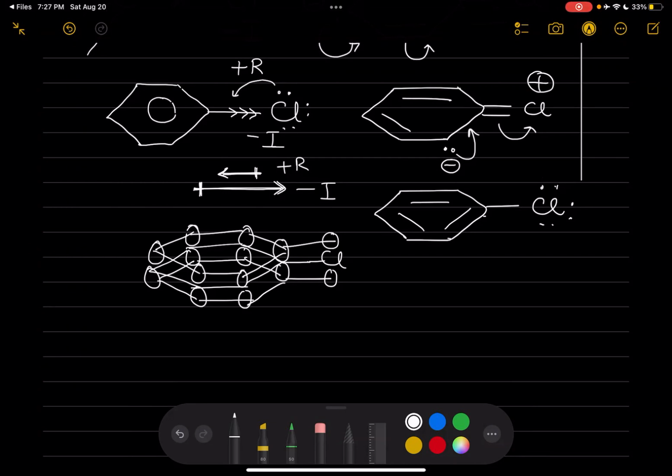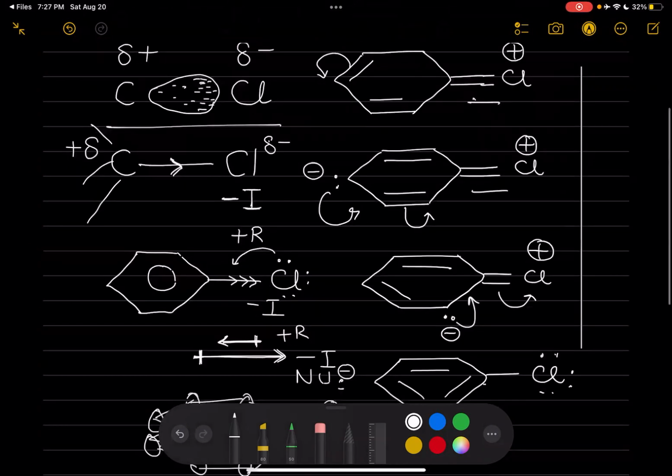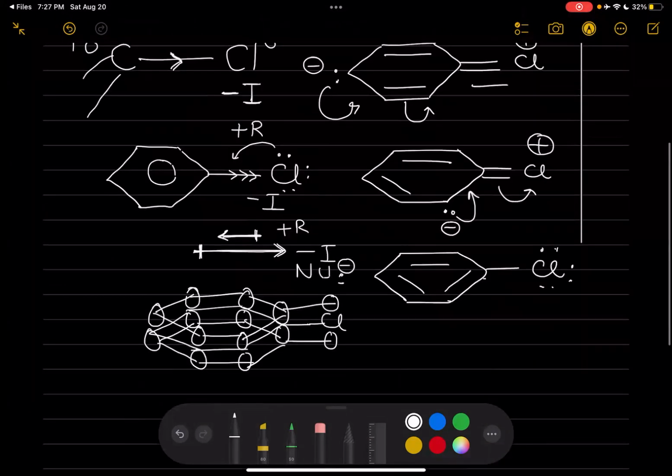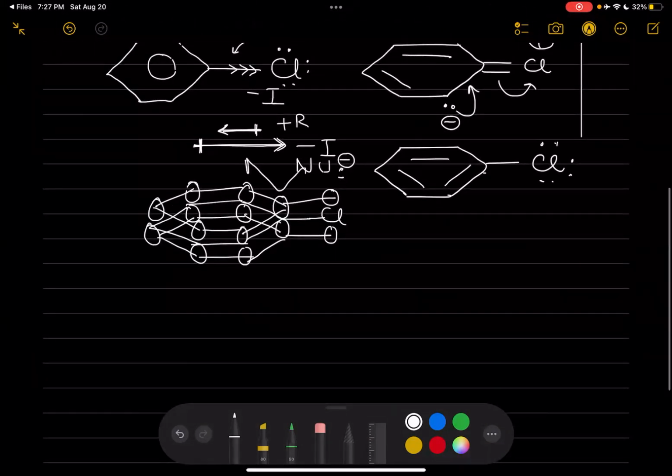If a nucleophile wants to come and join the benzene ring, that nucleophile will be repelled away. Why? Because the nucleophile is electron rich, and the benzene ring is also electron rich.